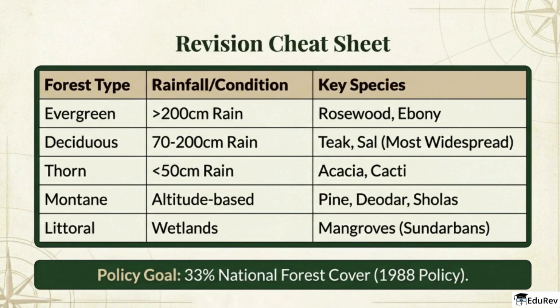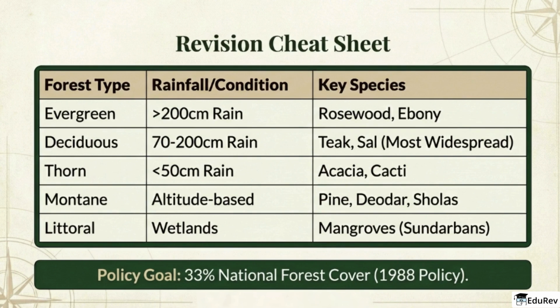Thorn forests occur below 50 centimeters rainfall, with acacia and cacti-type xerophytic forms as the signature logic. Montane forests are altitude-based, with pine, deodar, and sholas as key identifiers. Littoral forests are linked to wetlands and coasts, with mangroves, especially Sundarbans, as the standard example.